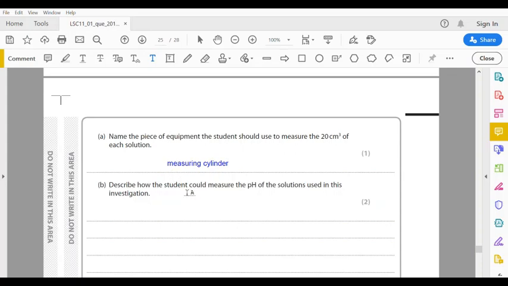Describe how the student could measure pH of the solution used in this investigation. You can see it's 2 marks, so we will give 2 points. You can say use a universal indicator solution or paper, to check and match and compare with indicators.